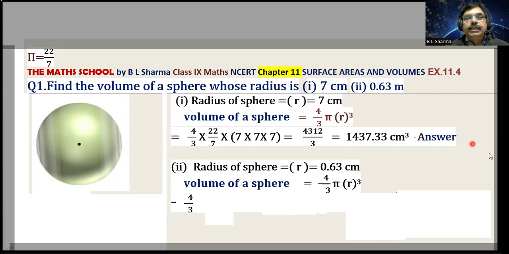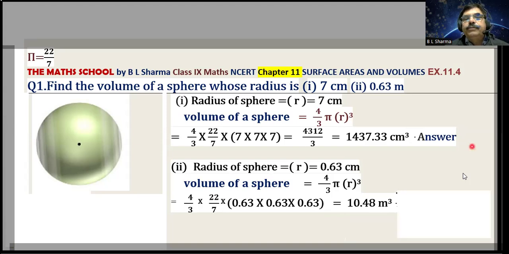So 4 upon 3 as it is. In place of pi, 22 upon 7. In place of radius, 0.63 into 0.63 into 0.63, because this is the power 3. And on calculating, we get 10.48 meter cube, and this is the answer of this question. So that's all for this question number 1.